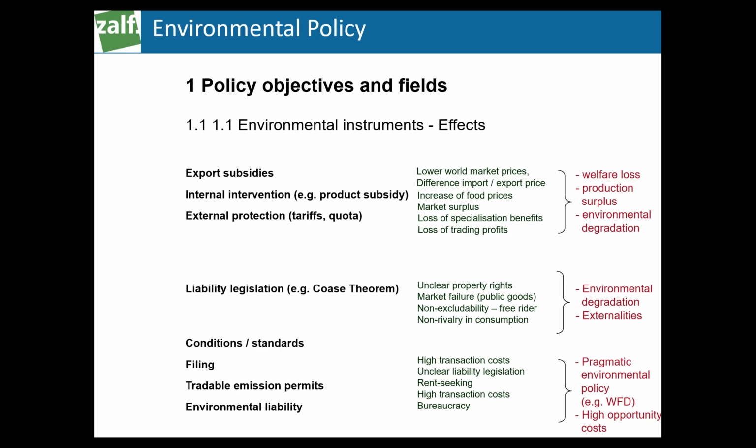And that means that the export subsidies lowered the world market prices, and it is harmful for example to net exporters, because they have lowered world market prices and they have losses.